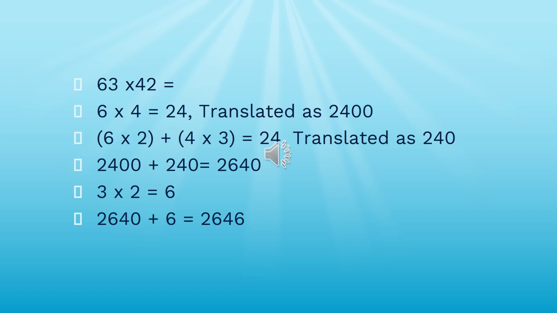Since we only have one digit here, we don't attach it but add it to 2,640 to give us 2,646. In this case, we still perform the general method of Vedic multiplication, vertical, crosswise, vertical. However, we used the translated value, or the correct value.